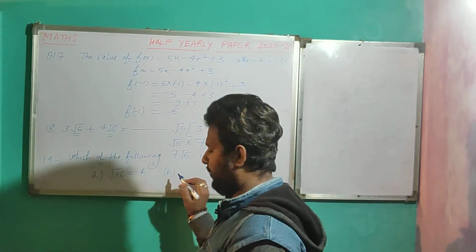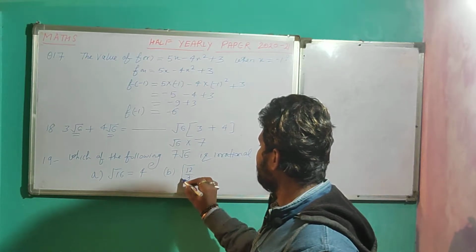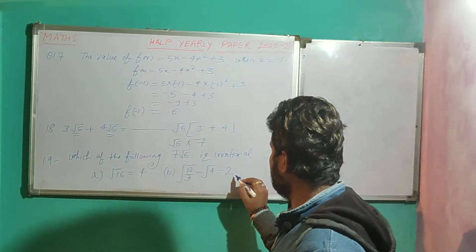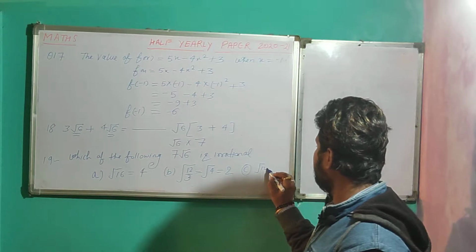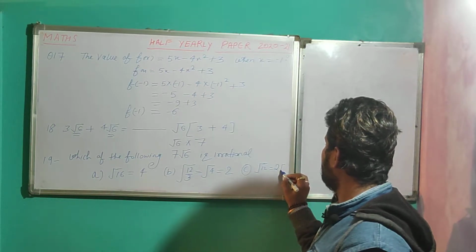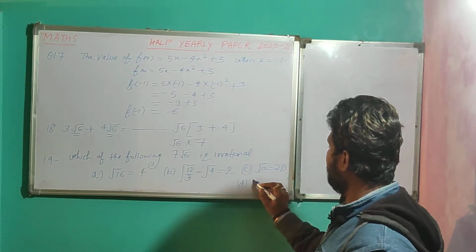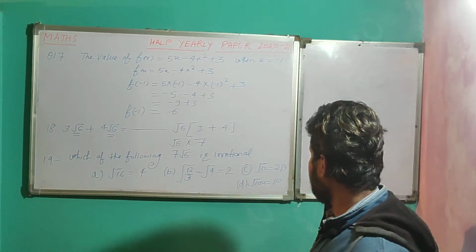Option B, root 12 upon 3, which can be written as root 4, which can be written as 2. Option C, root 12, which can be written as 2 root 3. Option D, root 100, which can be written as 10.